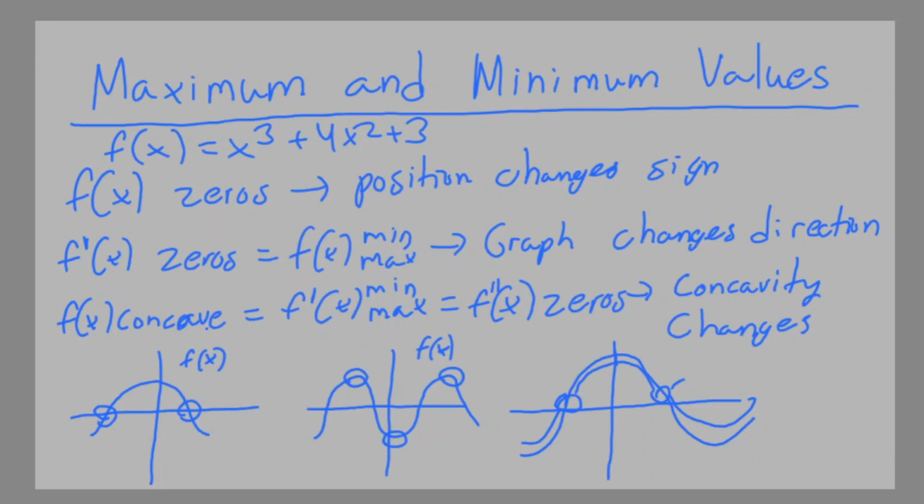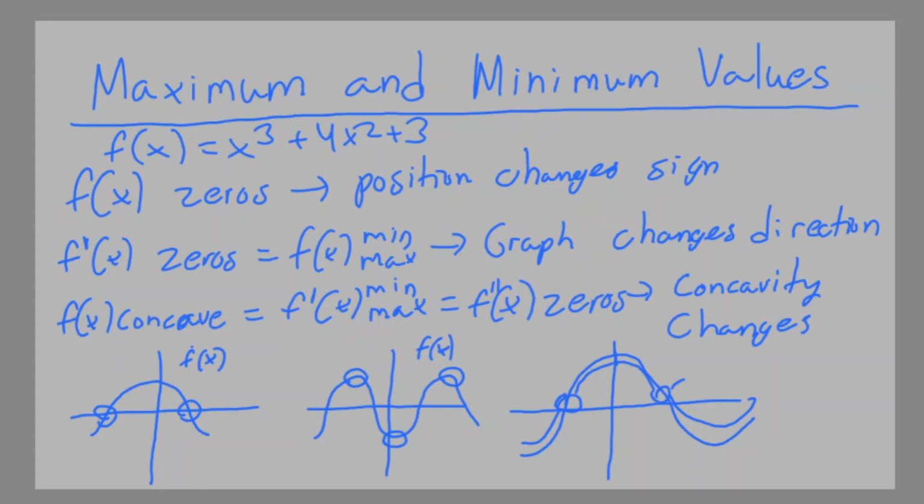And the concavity of f of x would be depicted by the minimum and maximum values of the first derivative graph, and also the zeros of the second derivative function, or also the graph. All of these three would depict that concavity changes.